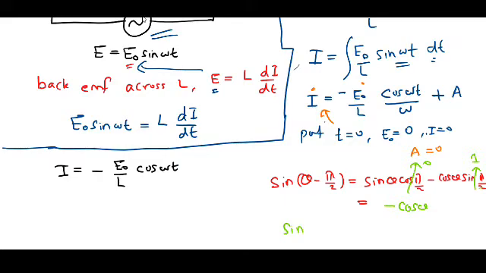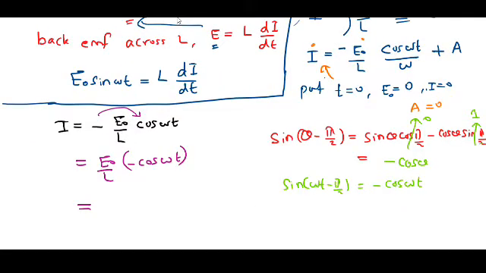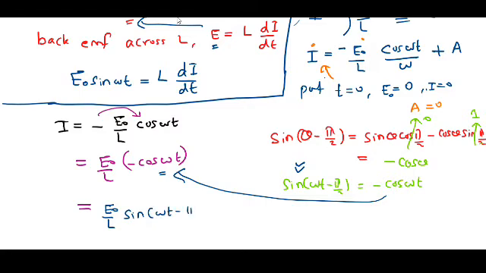That is, sine omega t minus pi by 2 is equal to minus cos omega t. So this minus cos omega t can be written as sine omega t minus pi by 2. This will be E0 by L sine omega t minus pi by 2.